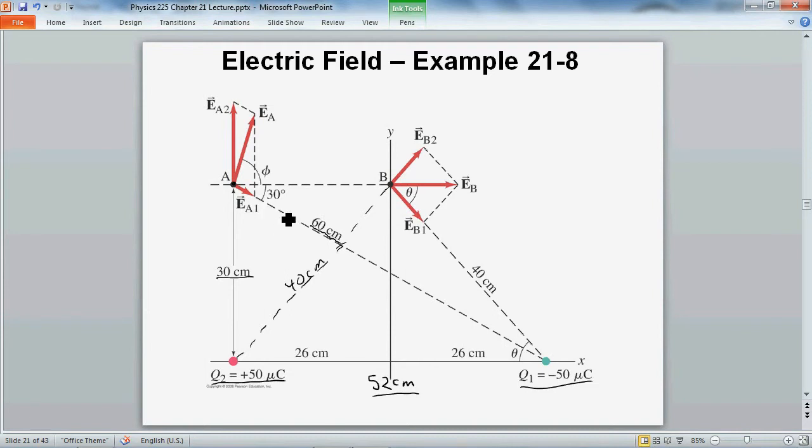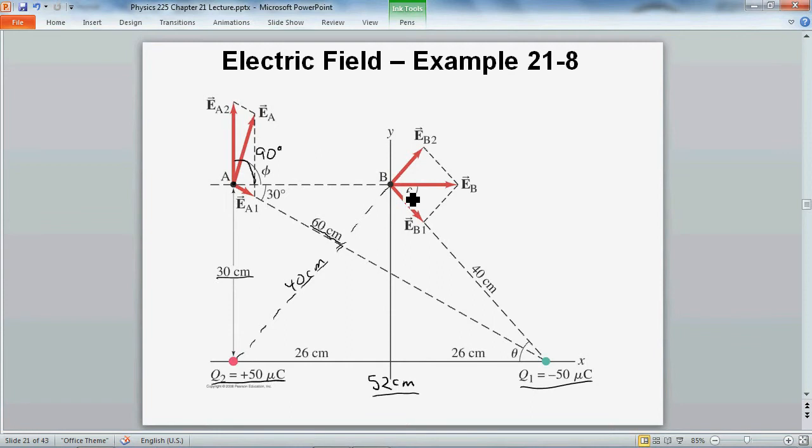Now we can calculate this angle that's shown at point A. That's 30 degrees. And we know the angle EA2, this angle here, that's 90 degrees.